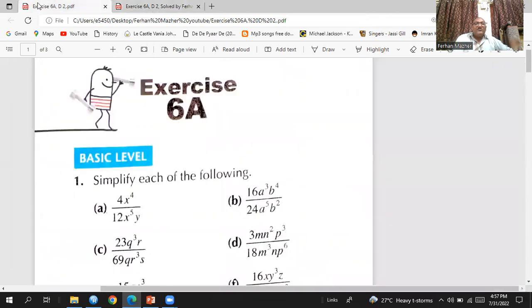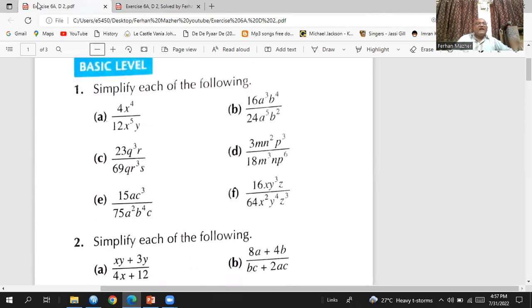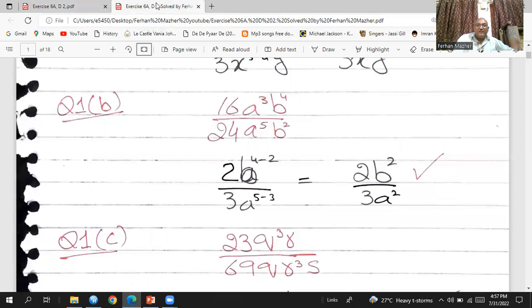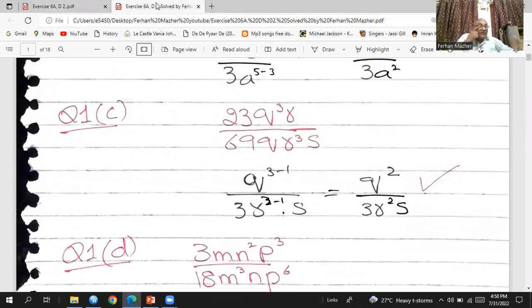Okay, so the next question coming up on your screen is question number 1, C part. 23 q raised to power 3 r and 69 q r cube s in the denominator. Okay, so 23 and 69 can be cancelled with the table of 23. 23 1s are 23 and 23 3s are 69.